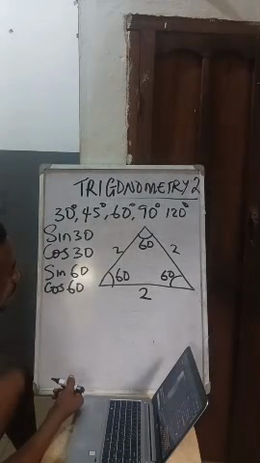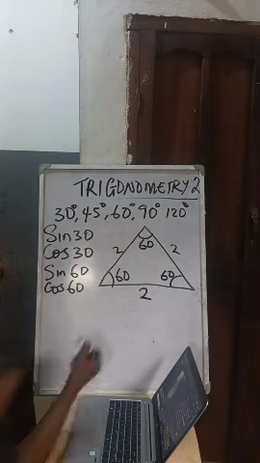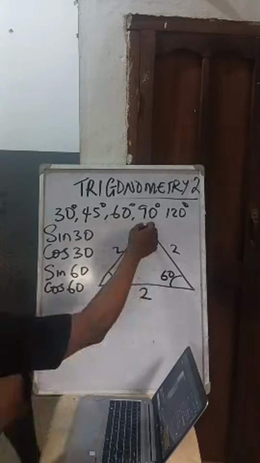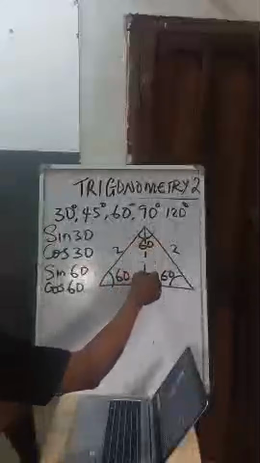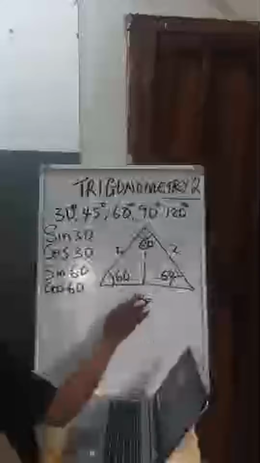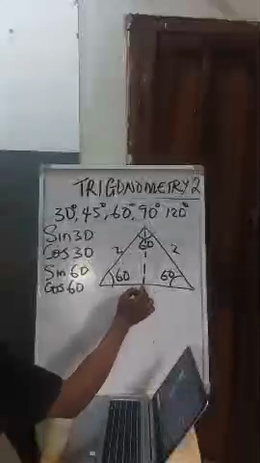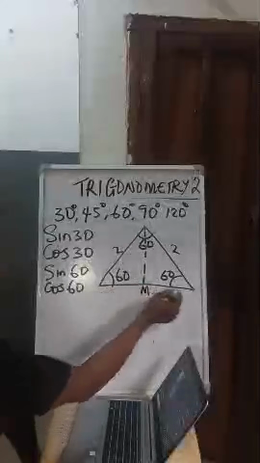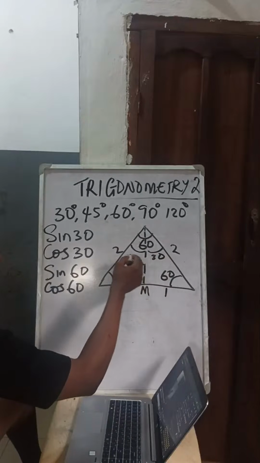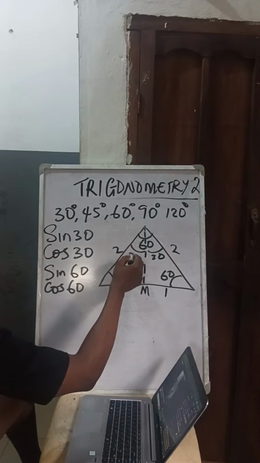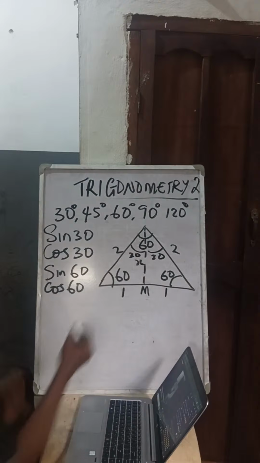So that if you divide it into 2, here will be labeled M. And from here to here, 30. And here will be 30.